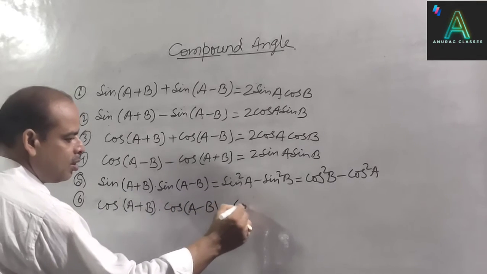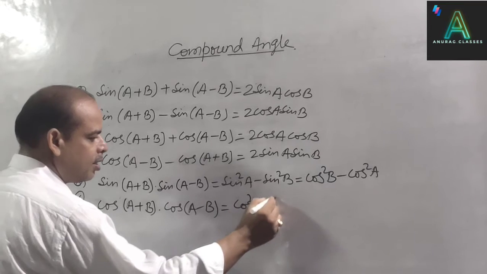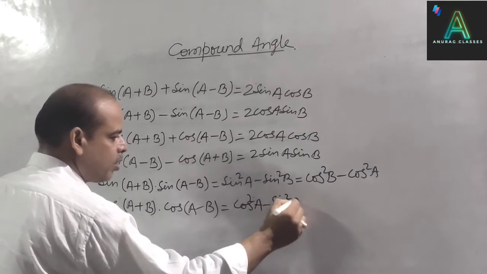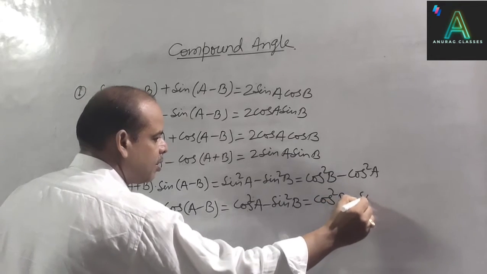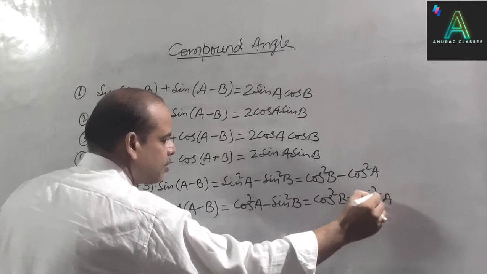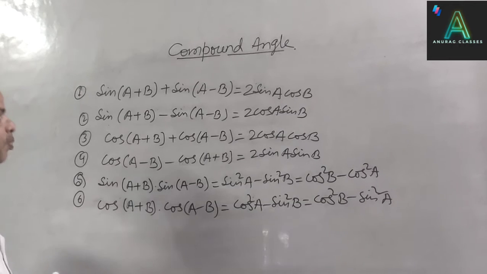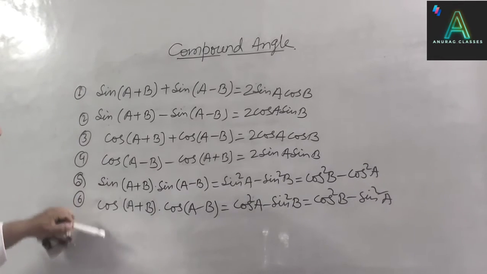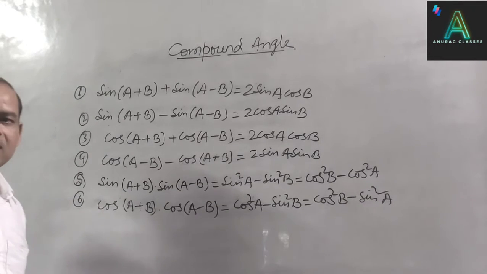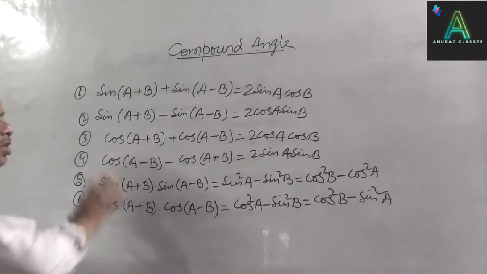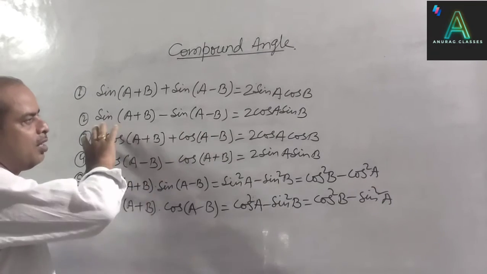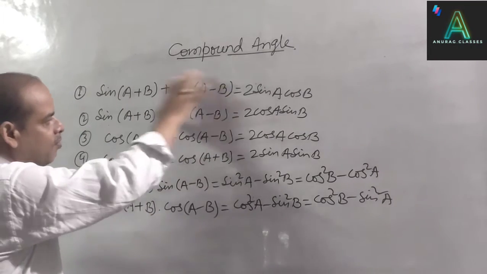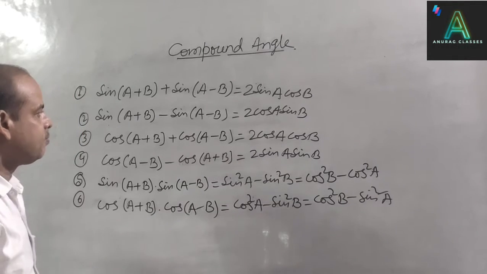It will be cos square A minus sin square B, and also cos square B minus sin square A. So these important results are based upon the formulas of compound angles, and all the results are very important. So I suggest you prove these formulas yourself.